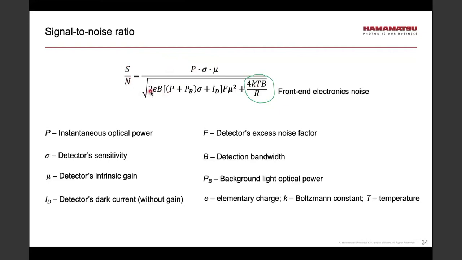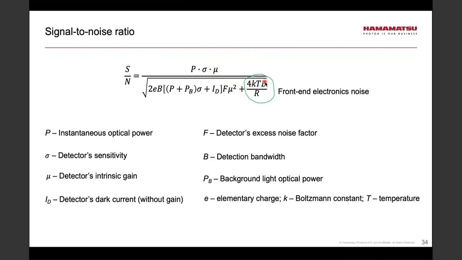Another point that I will make more strongly on Thursday: there is a mu here. Suppose I divide numerator and denominator by mu. So this mu would go away, this mu squared would go away, but I would have mu squared here in this term. If that mu is large enough, this front-end electronic noise can be driven to non-importance.